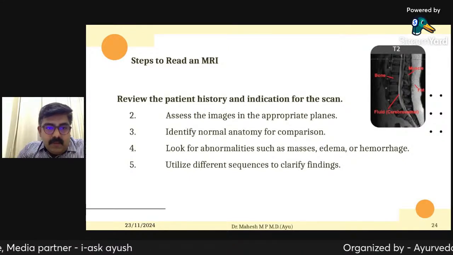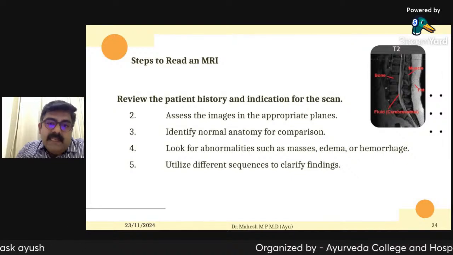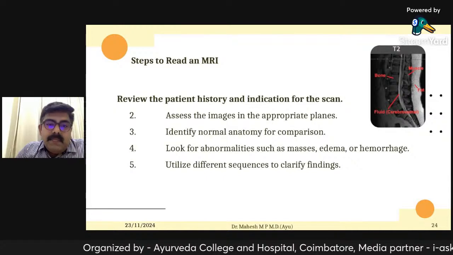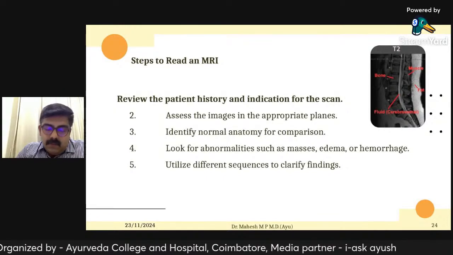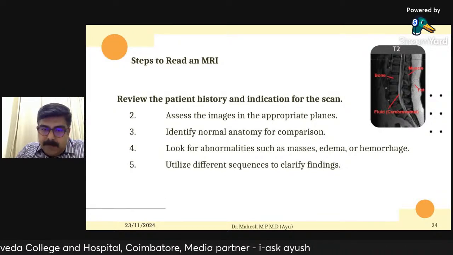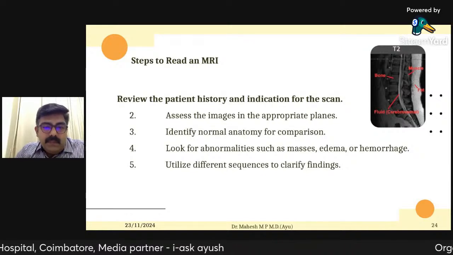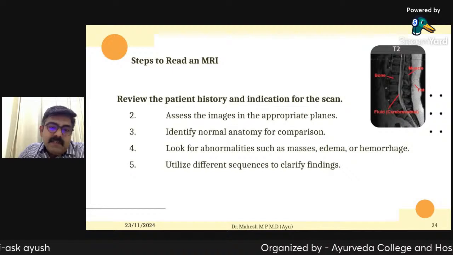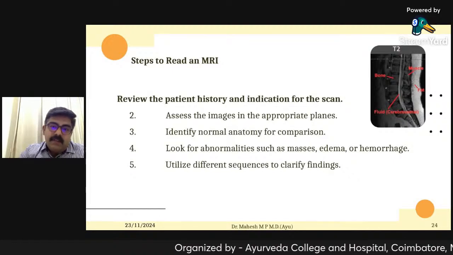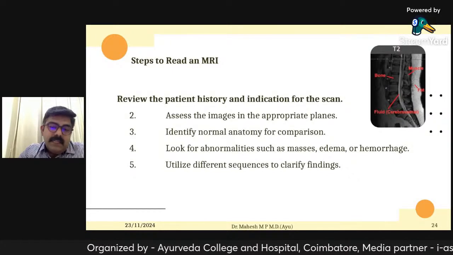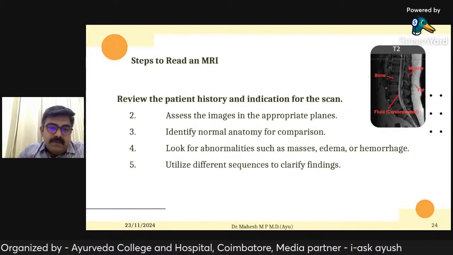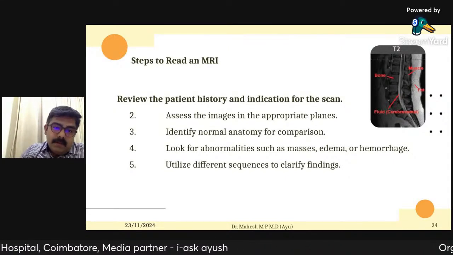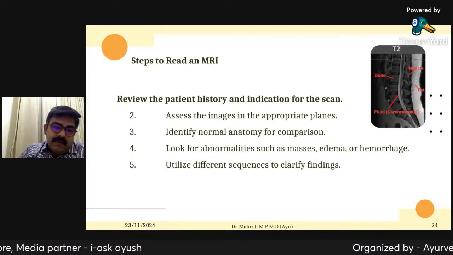Assessing the images in appropriate planes is very important, and identify normal anatomy for comparison: how it looks in a normal MRI. You have to be very experienced in seeing MRIs to interpret, and even then most of the time a radiologist's help is required to pinpoint the exact hidden changes.